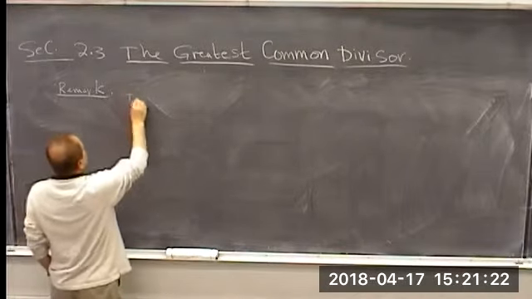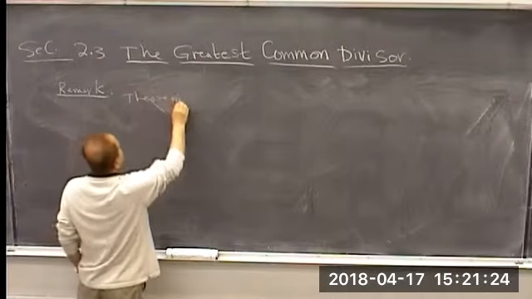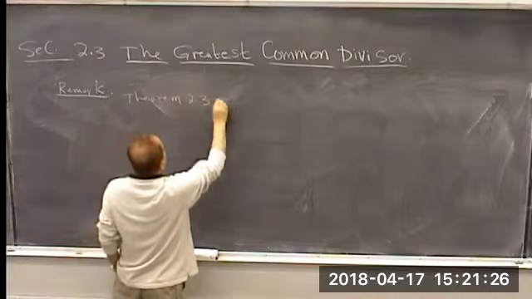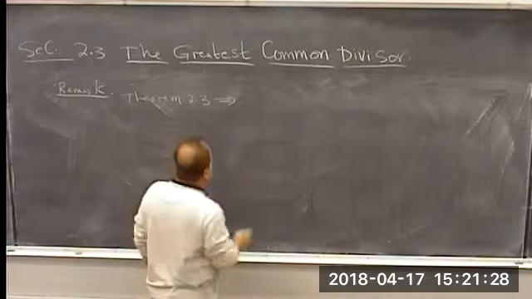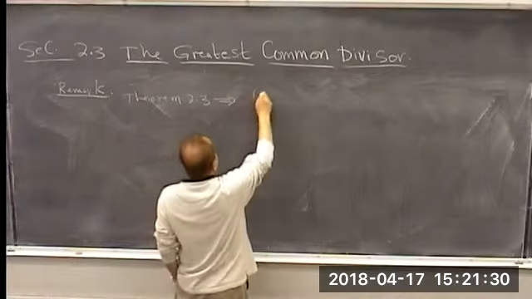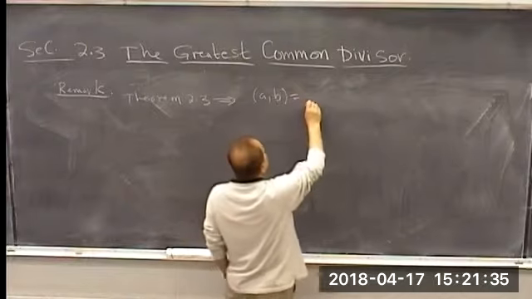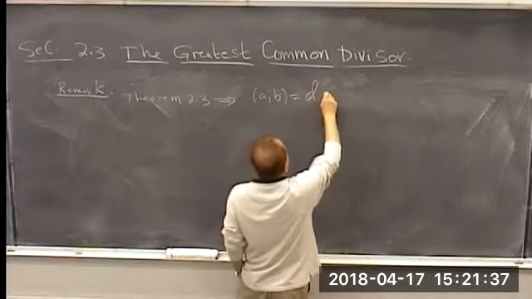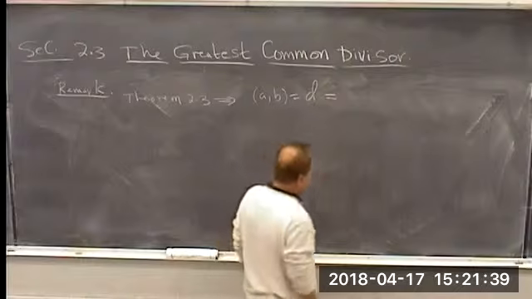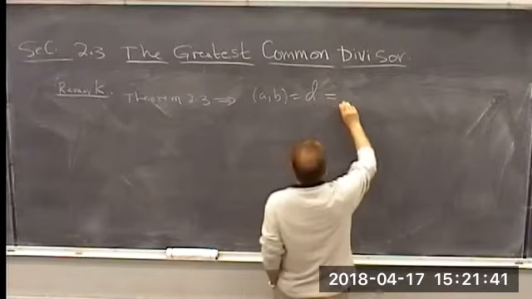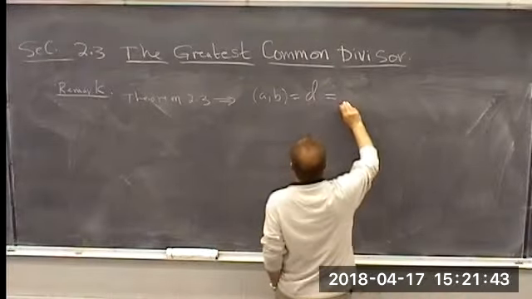Theorem 2.3 implies that the greatest common divisor, which we call D, can be expressed as a linear combination.